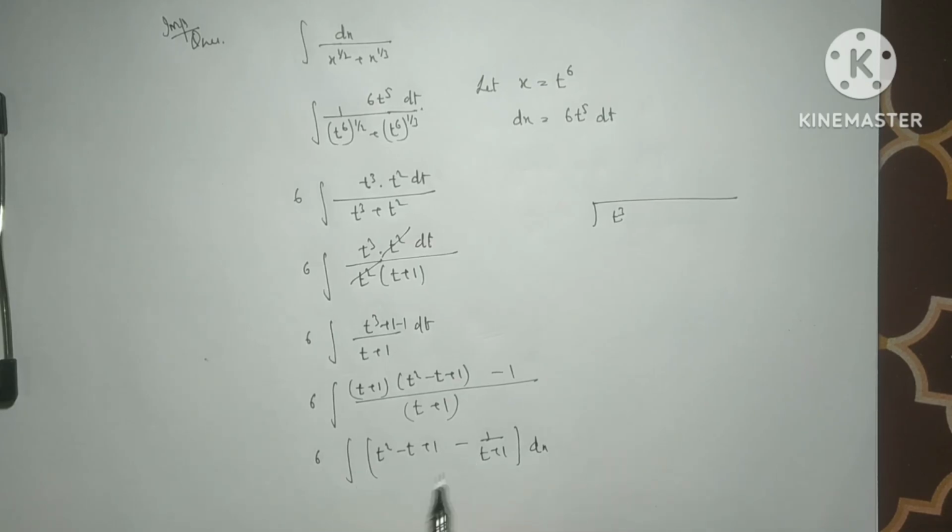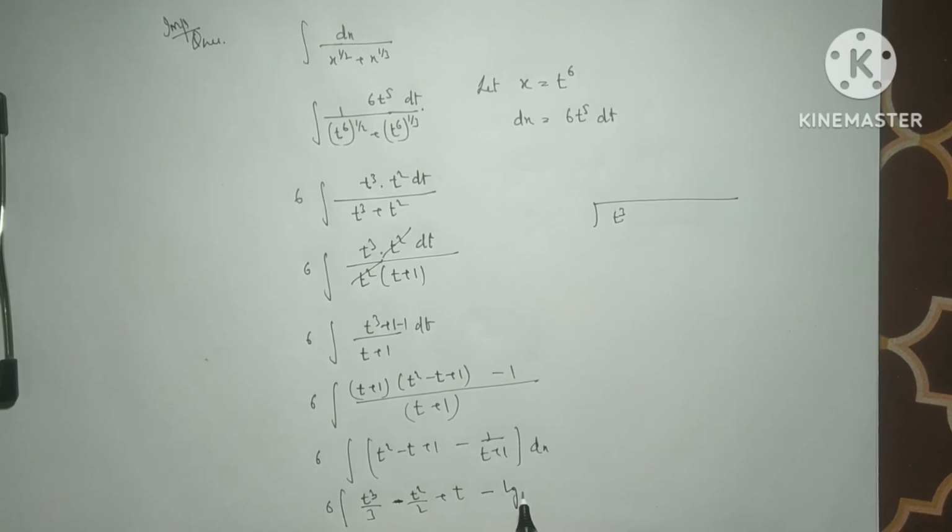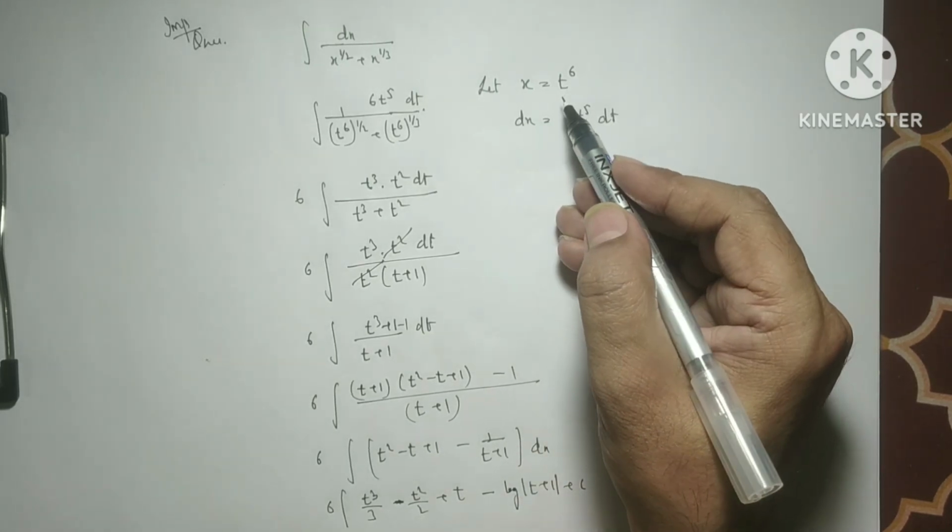So on integration we get 6 times (t cube by 3 minus t square by 2 plus t minus log of (t plus 1)) plus c. Now we can substitute the value.